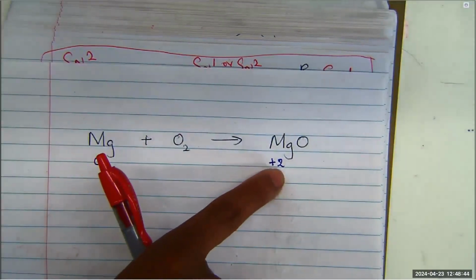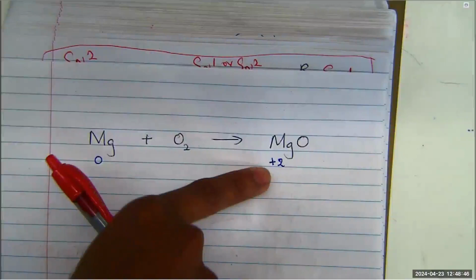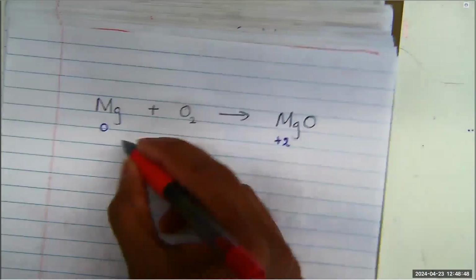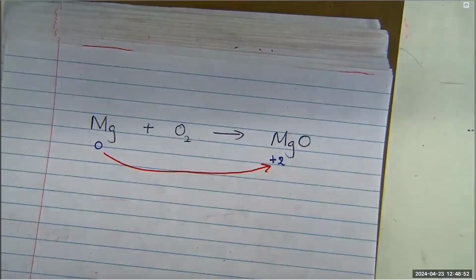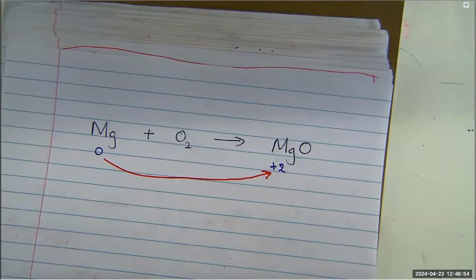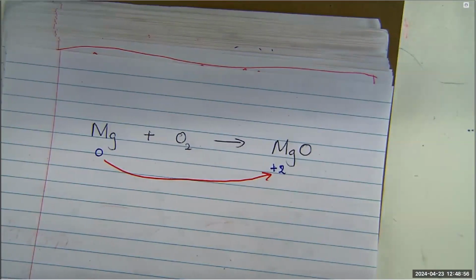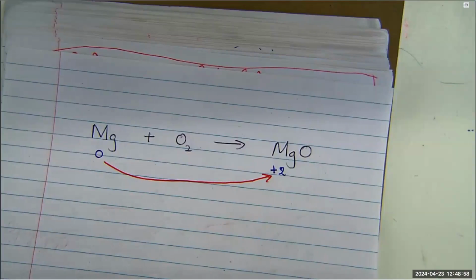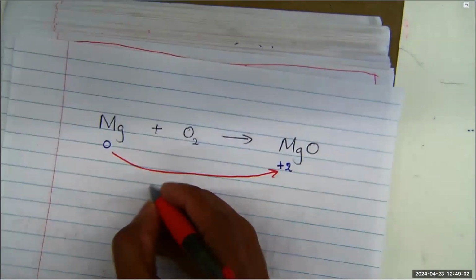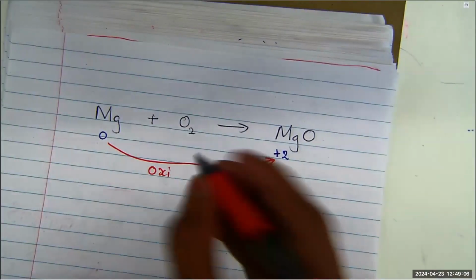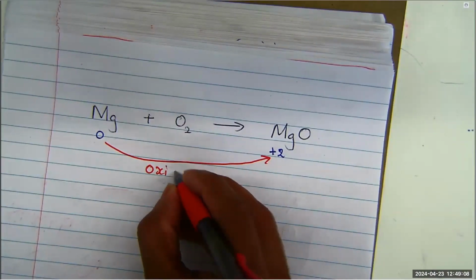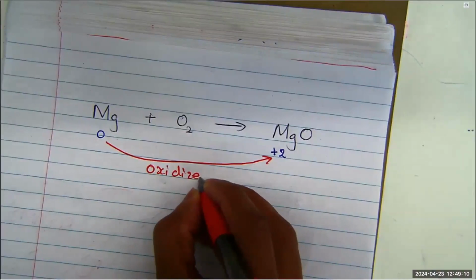It has gone from 0 to +2. In other words, the oxidation state has increased, and that is known as an oxidation. So magnesium is oxidized.